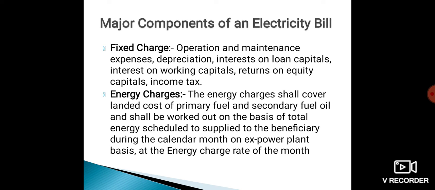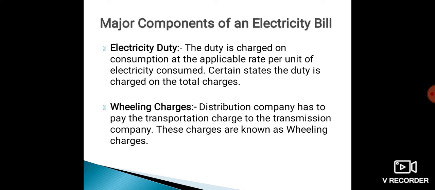First is primary fuel and the secondary fuel. So according to the rate of the primary fuel and secondary fuel, energy charges are decided. If the fuel rate changes, then the energy charges may also change, because energy charges is totally dependent on the fuel charge.